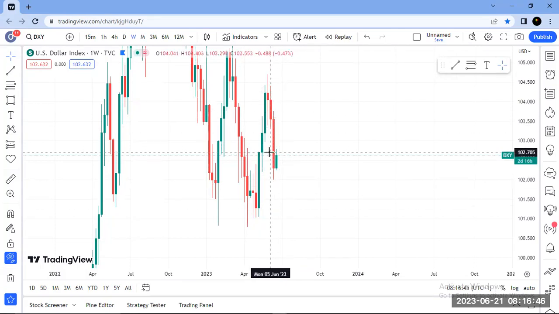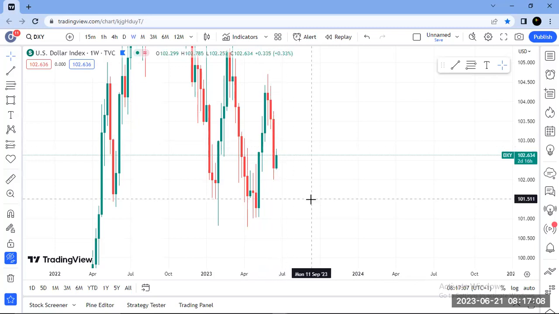My point of resistance, my point of origin for my shorts to be validated, that means my selling to take place, I don't want to see this previous week's high being taken by price. So the whole of this range should serve as a resistance to make price come down.